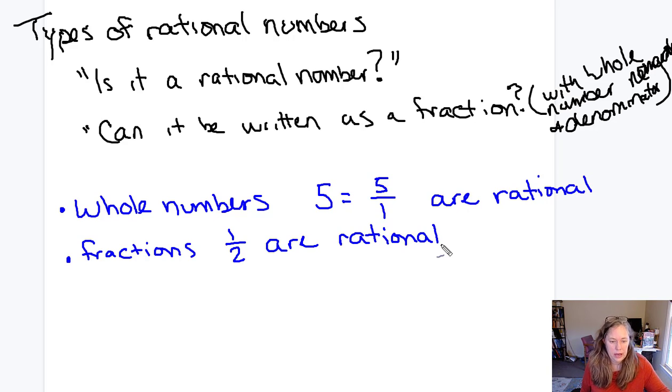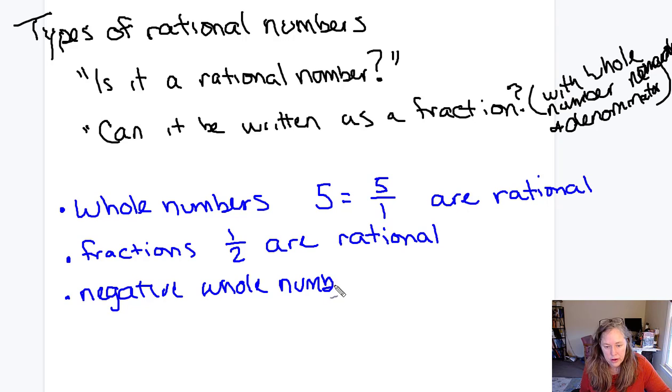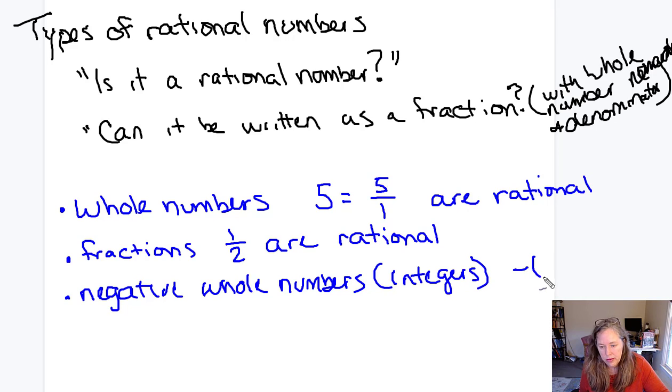How about negative whole numbers, which are called integers, like -6? It can be written as a fraction, -6/1. So that's rational.